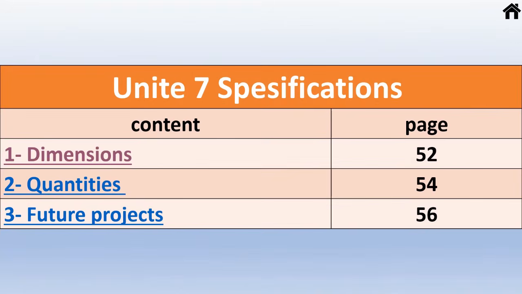Okay, quick revision of this lesson. In this lesson, we started our first unit this semester. The unit is about specification. We said that specifications mean a technical description of a project.